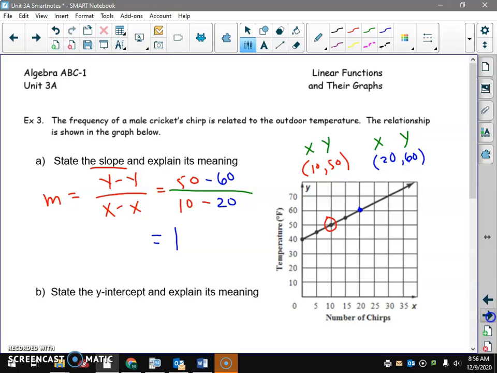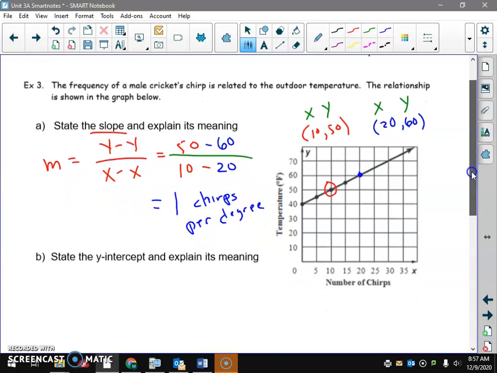And what that 1 means is, well, I know slopes mean per, so I always go x per y. So chirps per degree or temperature. Every time you hear one more chirp, it goes up 1 degree. Every time it goes up 1 degree, you'll hear one more chirp.